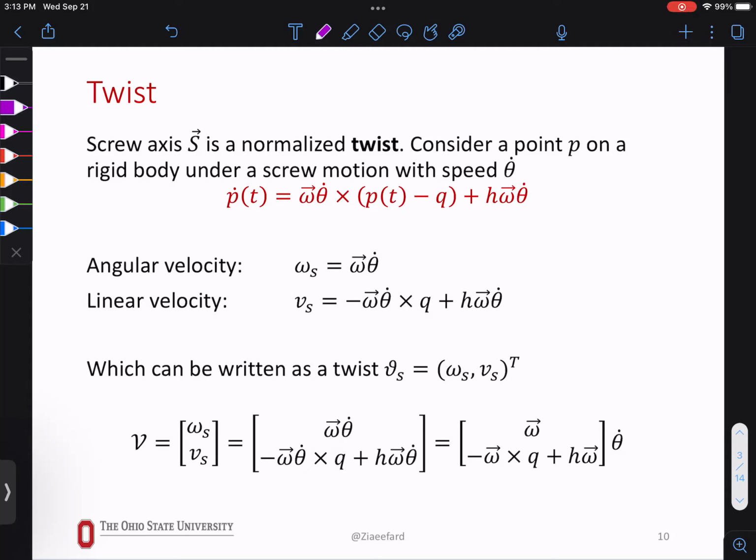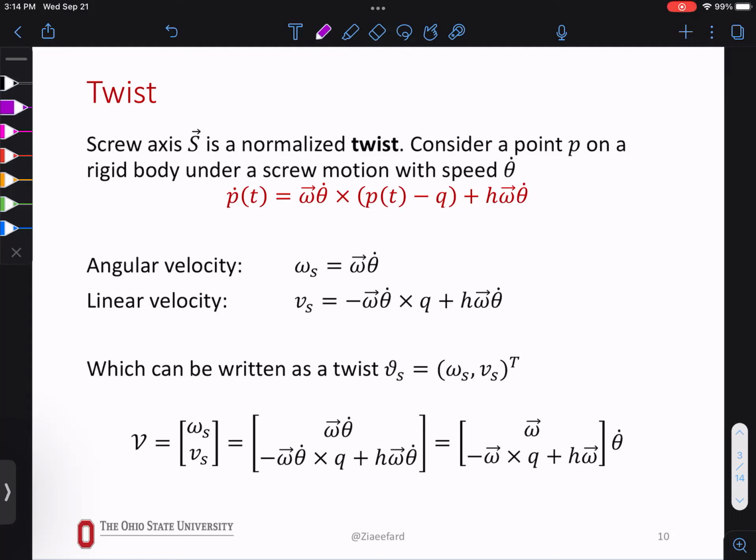So your p dot, or your velocity, will be a combination of those three. The angular velocity part is only omega theta dot about the axis of rotation. But you have two components of the linear velocity. One because of the pitch or the linear motion. The other because it's off center. So there will be that velocity as well.